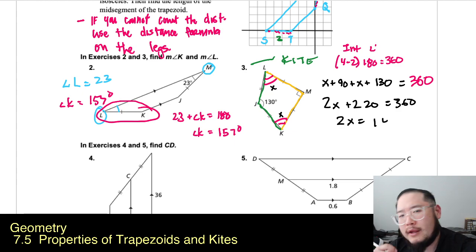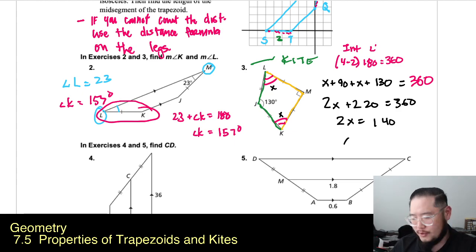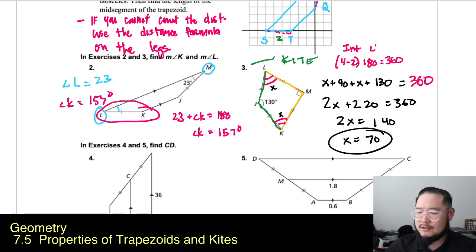So that right there is the measure of both angles K and L. They're both 70 degrees because, remember, L and K are opposite angles, and they're the ones that happen to be congruent. It's not always. Remember, I did say earlier that it's usually the obtuse angles that are congruent. It's not always the case, obviously, as you can see right here. So based on the information, since this is a kite, those are the two congruent angles.